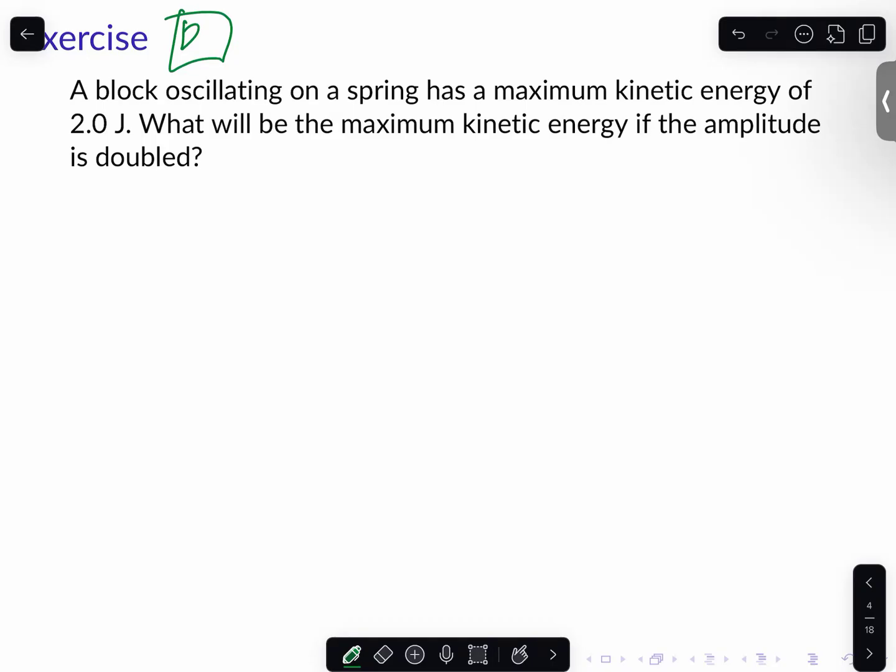Correct answers. Oh my God, correct answer. Delectable energy?